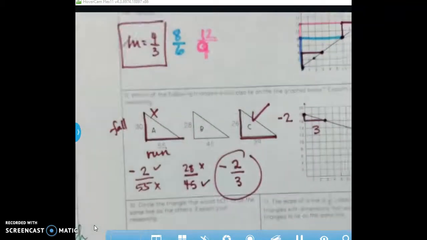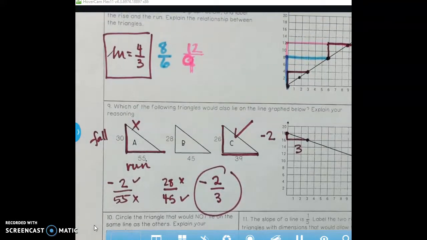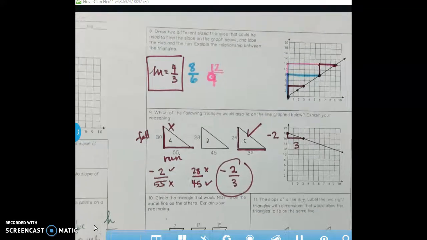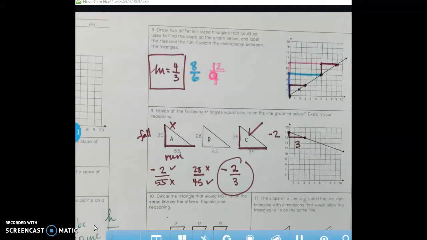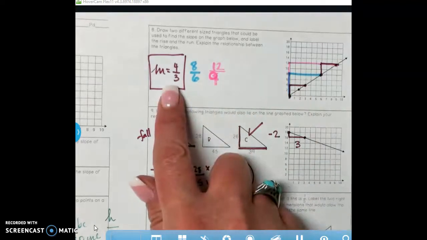All right, so I'm going to stop right here. I feel that you have plenty of examples to try out, plus quizzes for practice. Again, keep in mind, the ratios of your triangle all have to reduce to the same amount.